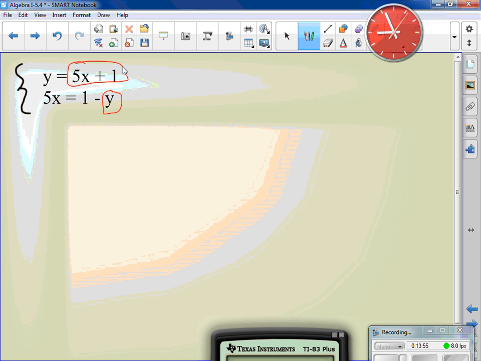I'm going to substitute in 5x equals 1 minus 5x plus 1. Now what do I need to do? Can't combine like terms yet. I have to distribute.